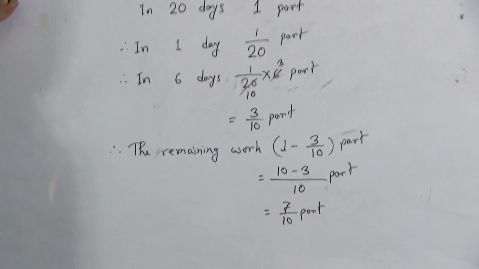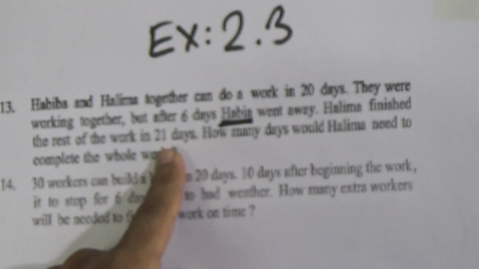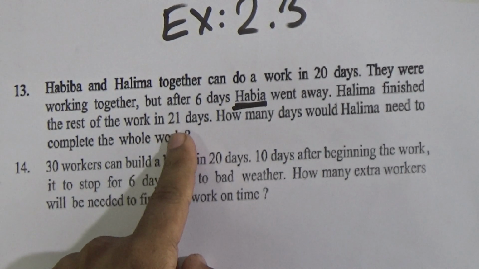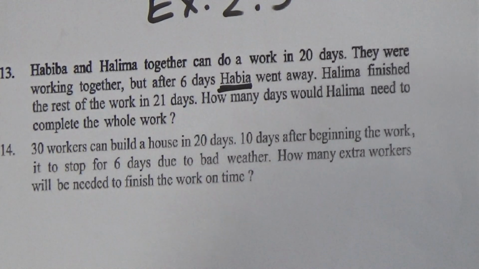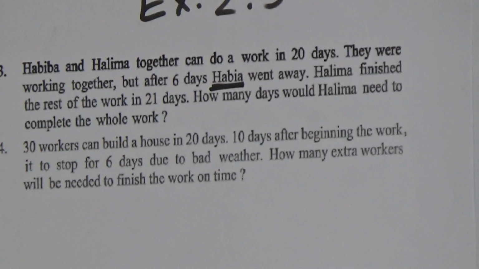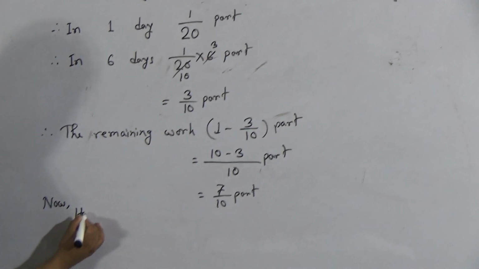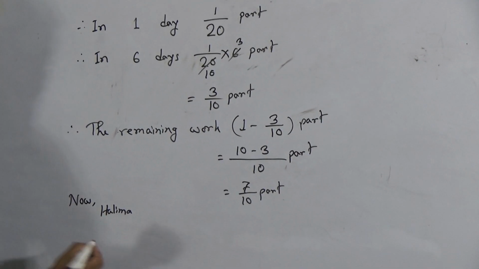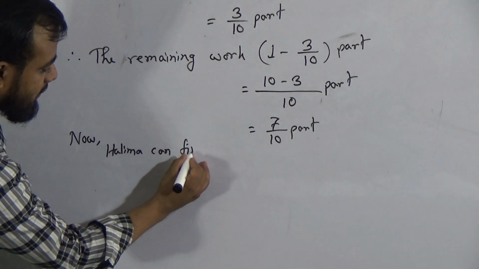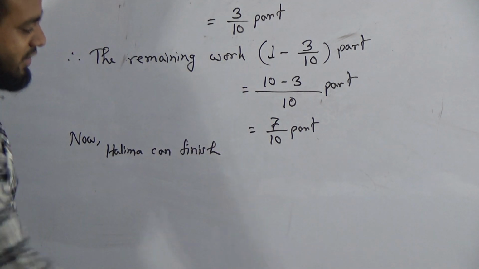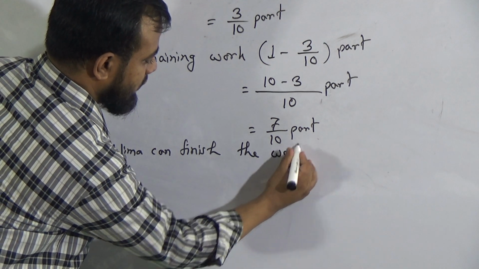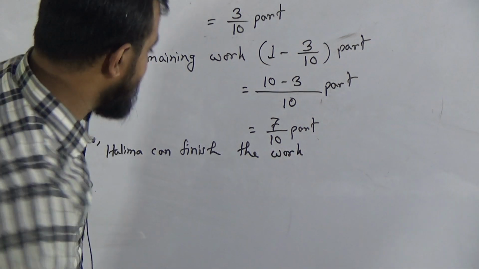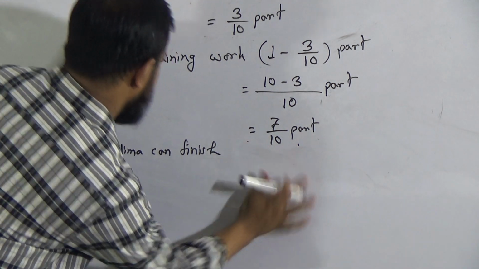Okay, Halima finished the rest of the work. That means this part of the work in how many days? In 21 days. But now we need to find out how many days Halima needs to finish the total work. So we can arrange now.